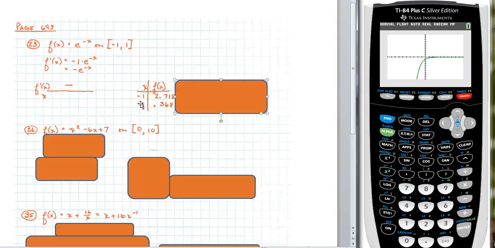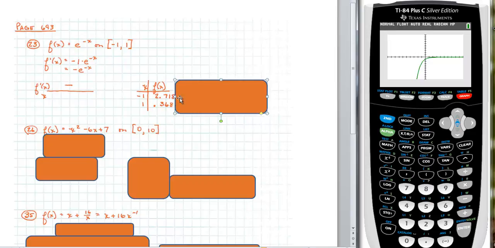I've got my left endpoint, my right endpoint. Since there are no critical numbers in here, I do not have to account for that. Notice I've got f of x because I need to find out what my absolute max and absolute min is, and I've got to go back to my original to find those y values.